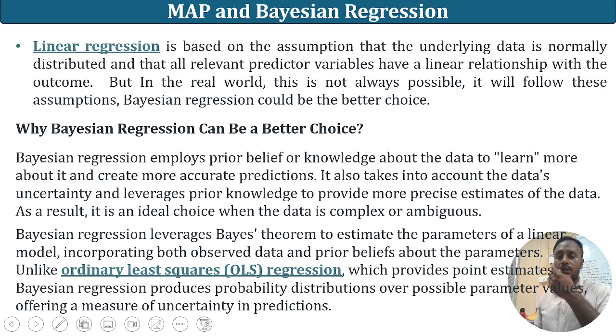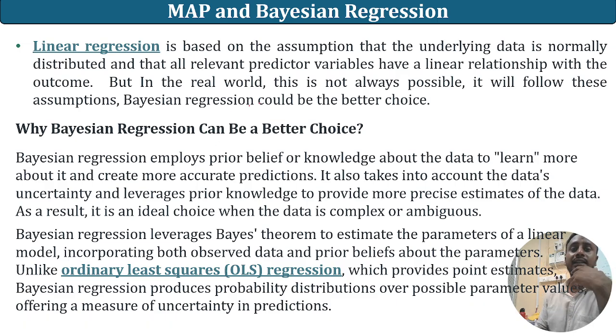So now we'll talk about Bayesian regression. Before that, what is linear regression? It's an assumption that the underlying data is normally distributed and that all relevant predictive variables have a linear relationship. It's called y equals mx plus c. But in the real world, this is not always possible.